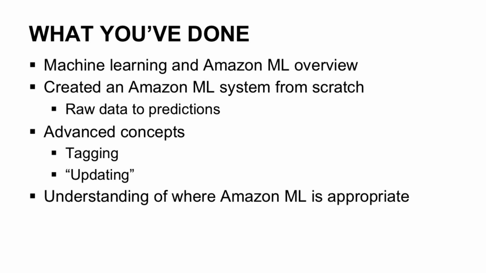At the end of the day, we're trying to turn raw data into patterns that we can make predictions against. We also talked about some advanced concepts around tagging, managing your models, updating your model. And then we also talked about where Amazon machine learning is appropriate and where it might not be.